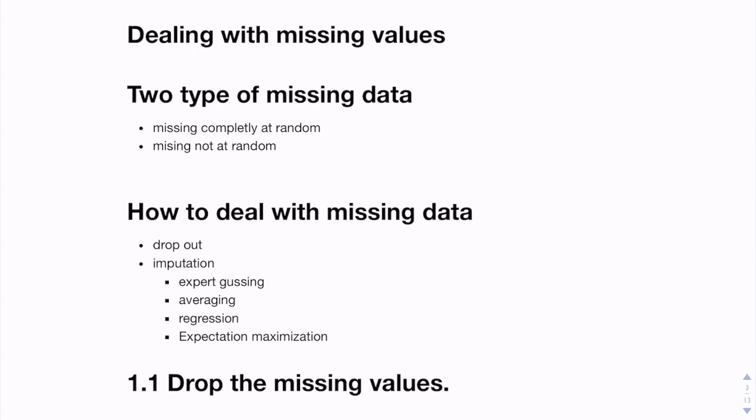Some measurements are missing. Usually we have two types of missing values in our data. The one is completely at random, where we have no idea why some part of the data is missing. We cannot find a pattern.